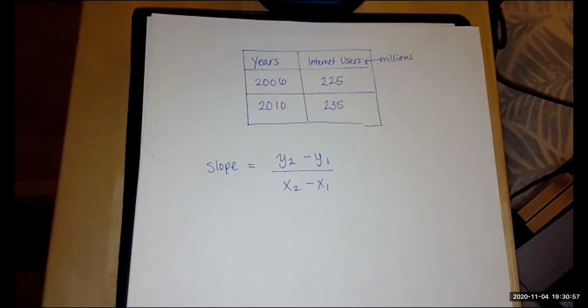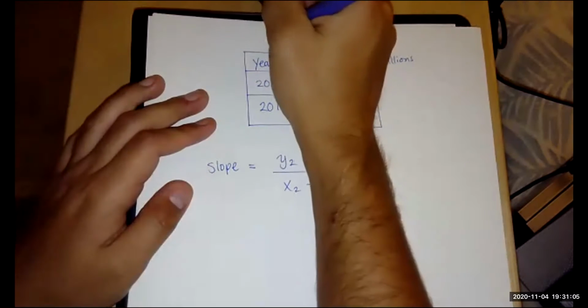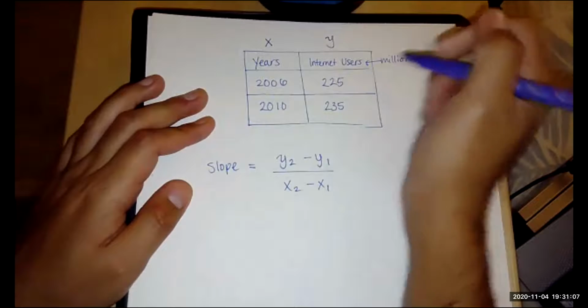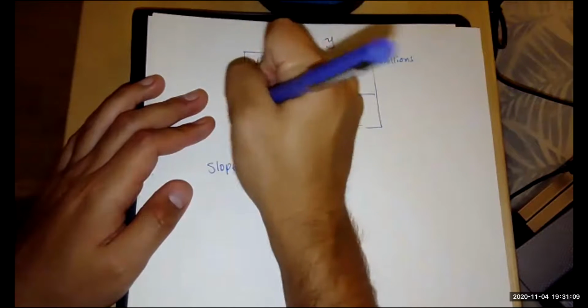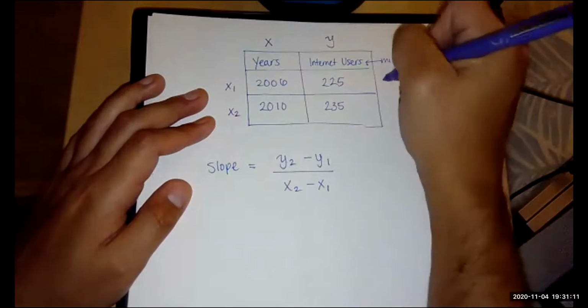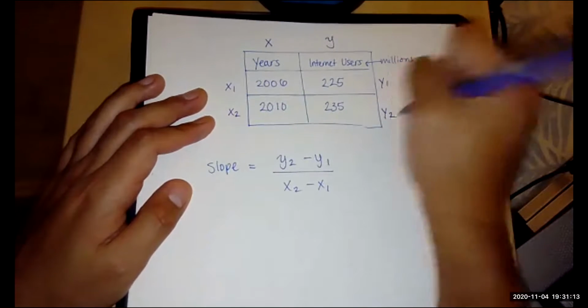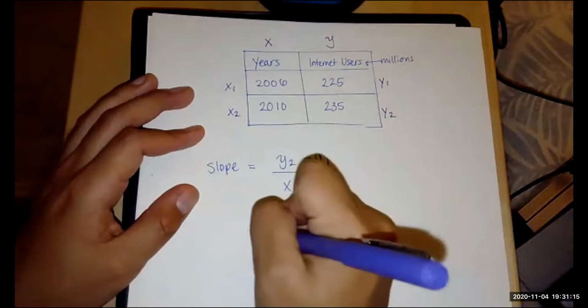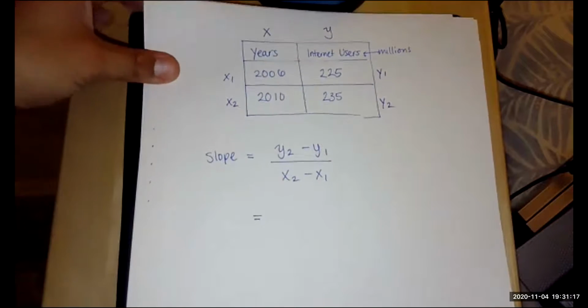So you're going to have this formula on hand whenever they ask you to find the slope given these 2 points. And then what you'll do is say this is our x and this is our y table. So this is x1 and this is x2. And this is y1 and this is y2. So we're just going to plug these into our formula.